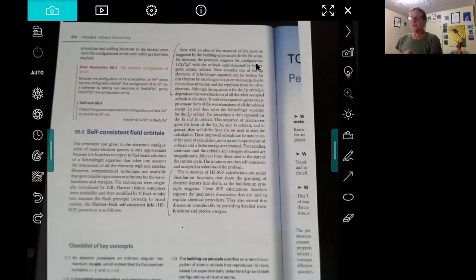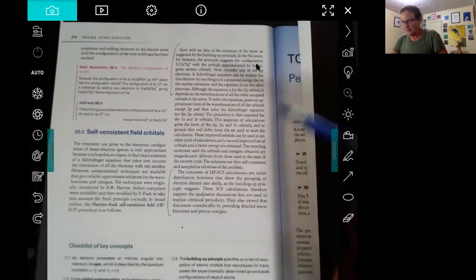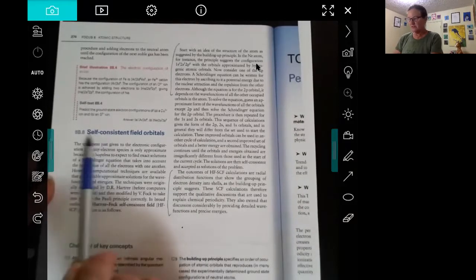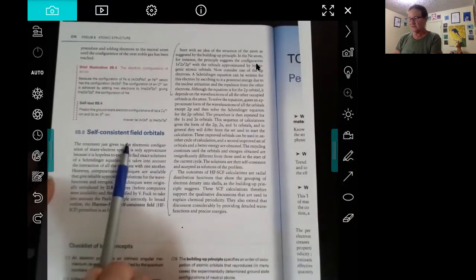it's a huge approximation to say that that term for electrons interacting with each other is insignificant. And so when we make the orbital approximation, qualitatively, it works very well, but quantitatively, if you wanted the actual energies of the orbitals, you would have a very, very, very bad fit. So what we do is use this concept of a self-consistent field.